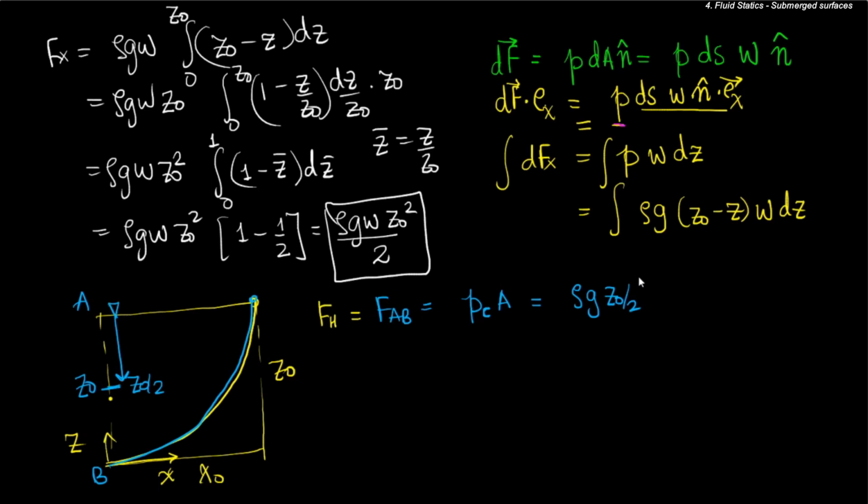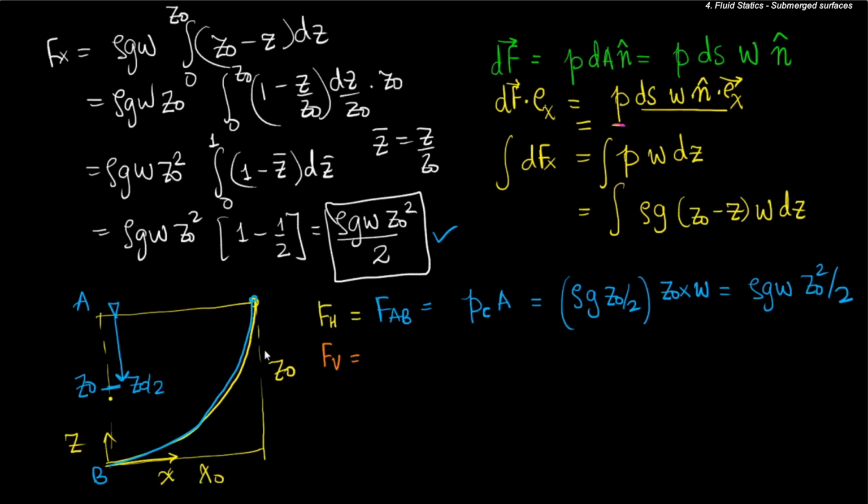So this is the pressure at the centroid, and the area is z0 multiplied by width. So this simply becomes rho g w z0 square upon 2, and this is the same as what we have already obtained. What about the vertical force?